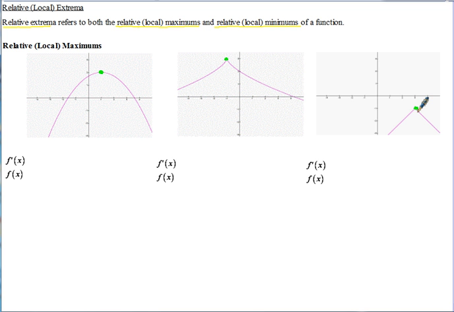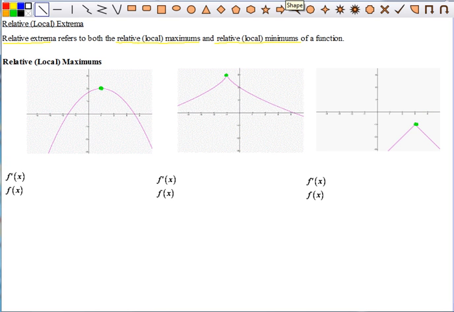So let's see what's happening with the first derivative and what that tells us about the original function. Let's draw a number line for each of these.